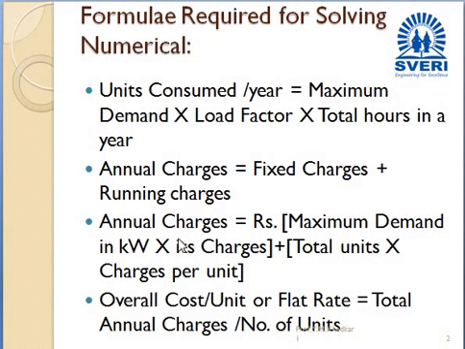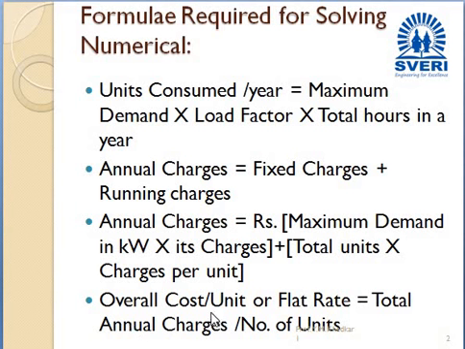Both the formulas are the same. In the first bracket, maximum demand in kilowatt multiplied by its charges is nothing but the fixed charges, while total units multiplied by charges per unit will be the running charges.